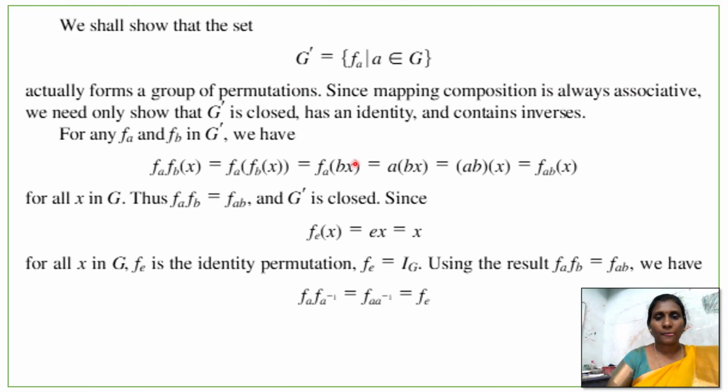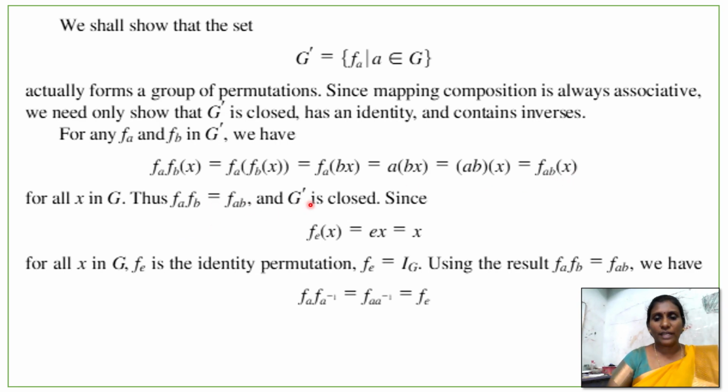Now let G dash be equal to the collection of all f_a where a belongs to G. It actually forms a group of permutations. Since mapping composition is always associative, we need to show that G dash is closed, has an identity and contains inverses. For any f_a and f_b in G dash, we have the following properties. So f_a of f_b of x is equal to f_ab of x.